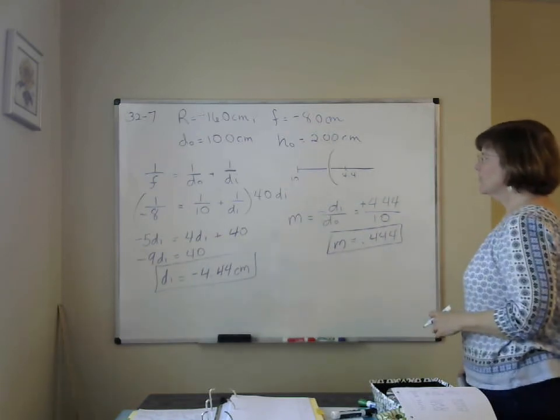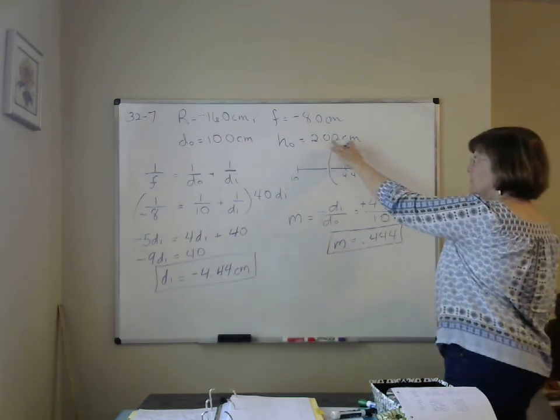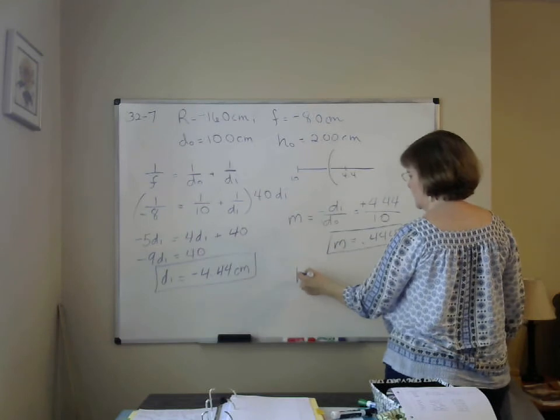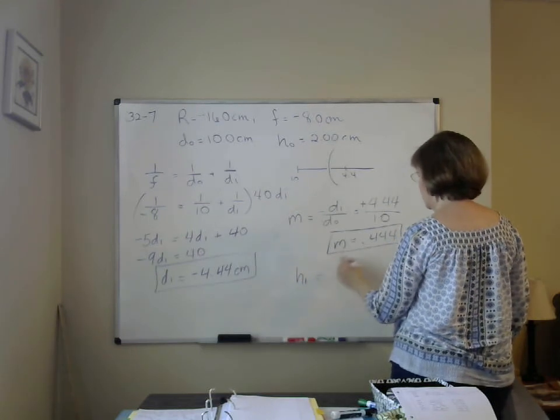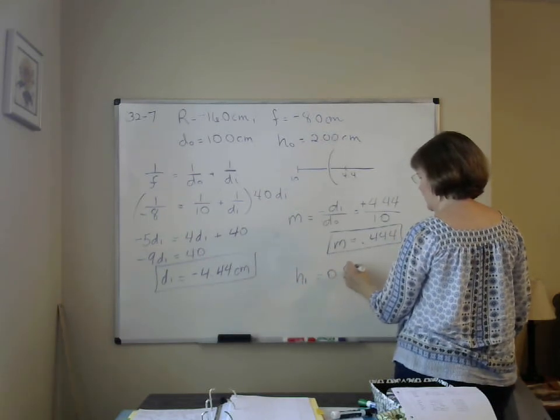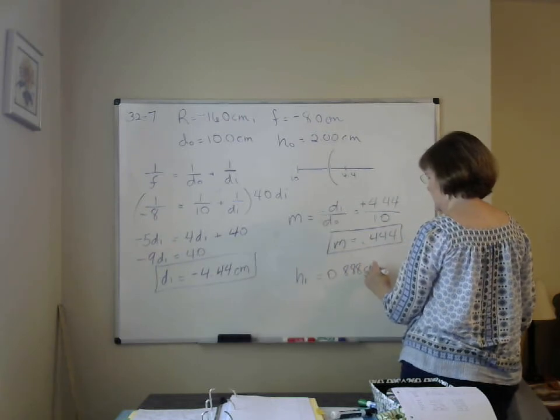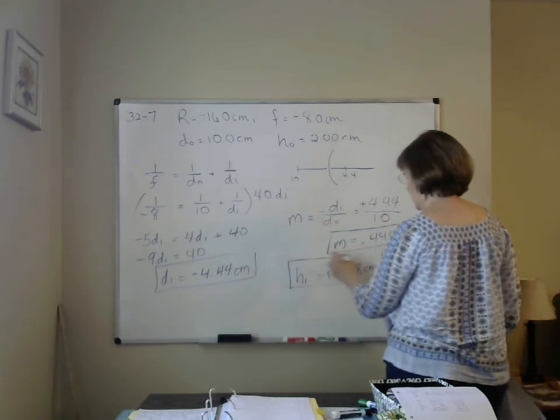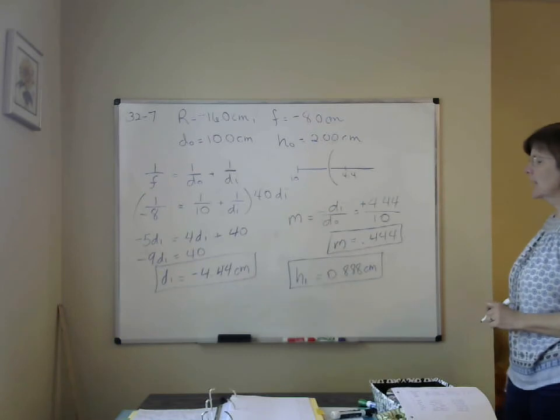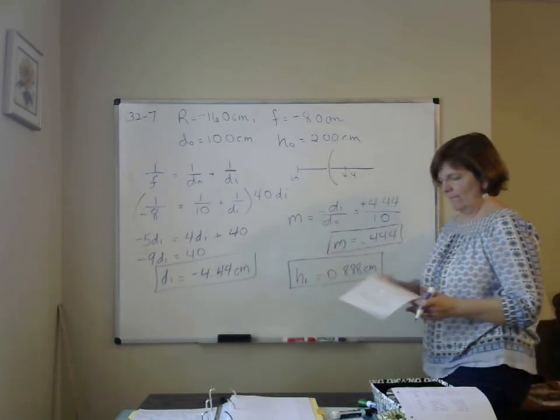If the original height of the object was 2 centimeters, 2 times this is going to be, so a little less than 1 centimeter tall.